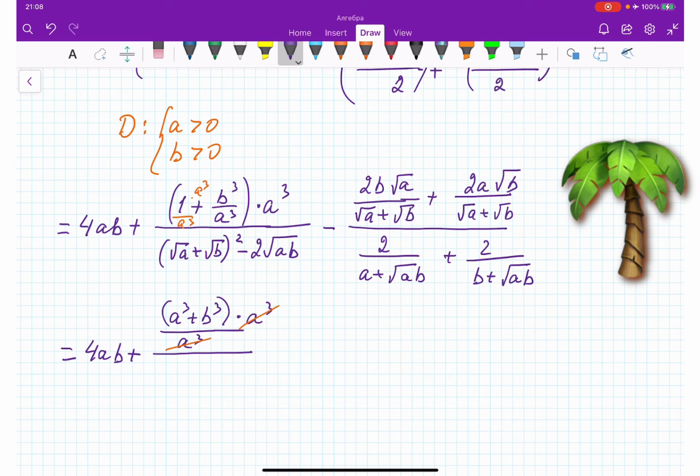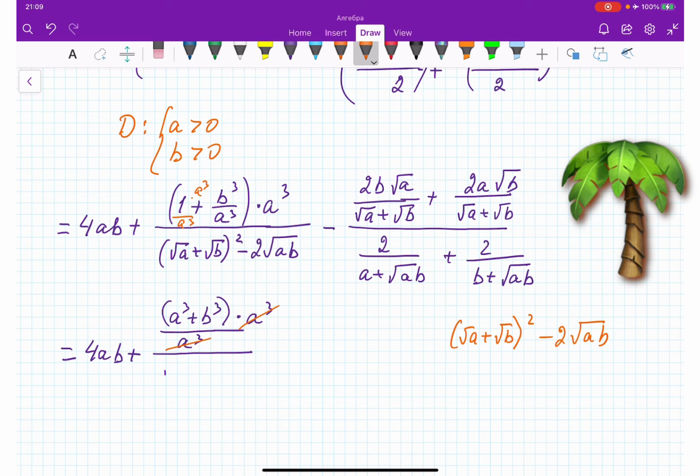Okay, let's open square root a plus square root b squared. It's going to be square root a squared. Let me do drafting here so we can write down their clean answer. So let me see. Square root a plus square root b squared and minus 2 square root ab. So this is a plus b squared.